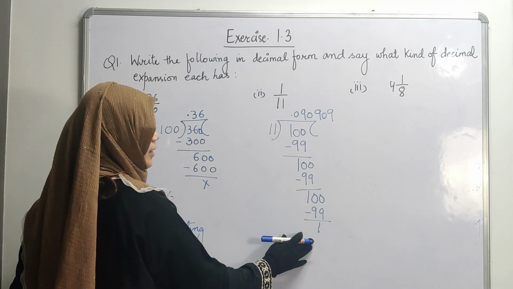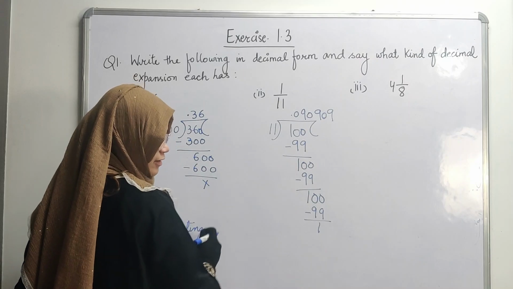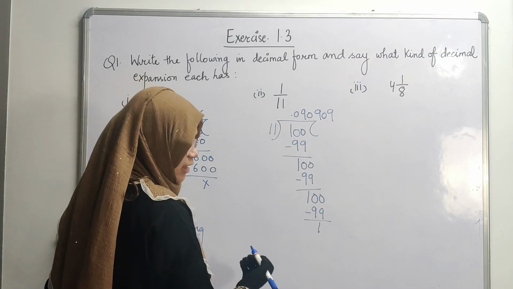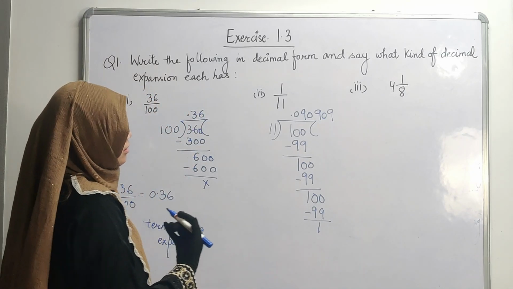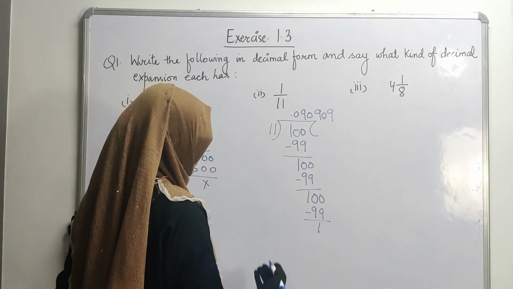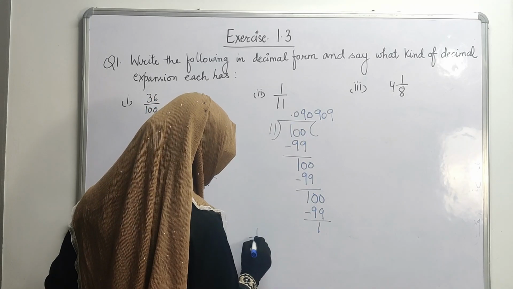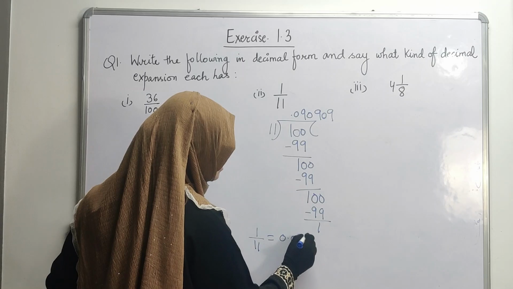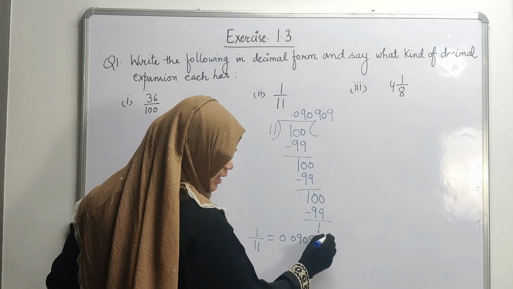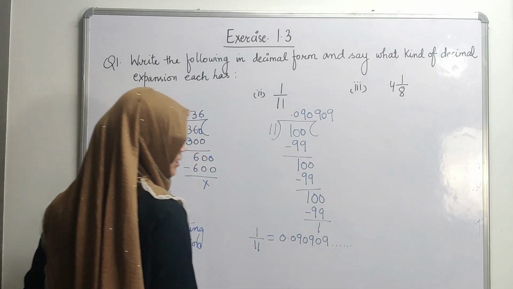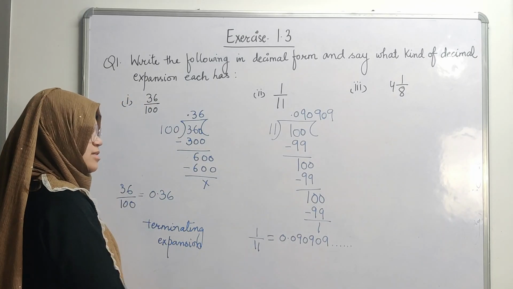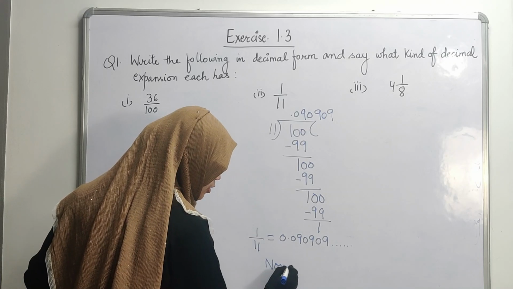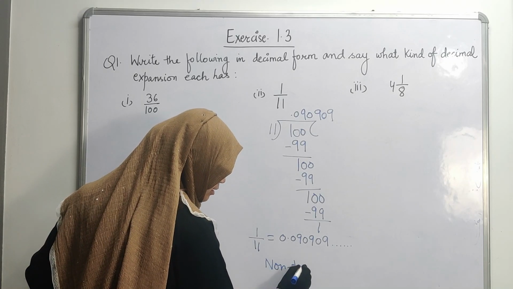Continuously 1 हमारा repeat हो रहा है. It means we have repeating expansion. अब हमें पता करना है कि whether it is repeating or non-repeating. Let us write first 1 upon 11 is equal to 0.090909 and so on. तो आपको पता चल गया कि this is non-terminating.